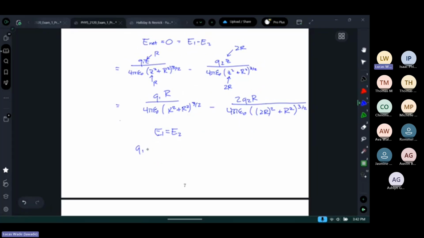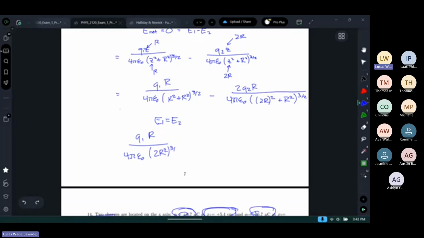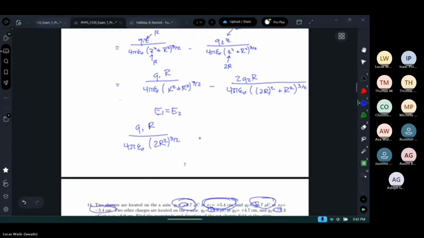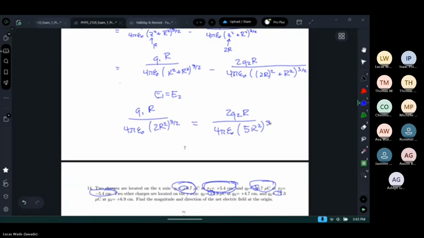And so I have Q1R over 4 pi epsilon 0, R squared plus R squared is 2R squared, to the 3/2. And then on this side, 2Q2R over 4 pi epsilon 0, 2R squared plus R squared is 5R squared to the 3/2.